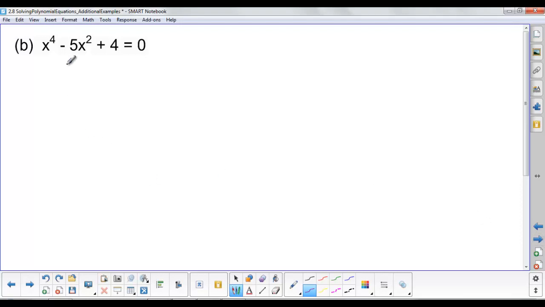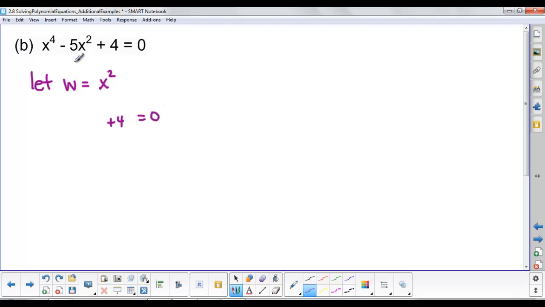Now, we do have a trinomial that looks very similar to a simple trinomial. So if you would like to do a quick substitution, you can say that some other variable like w is set equal to x squared. I'll write this equation actually backwards. So we have the plus 4.